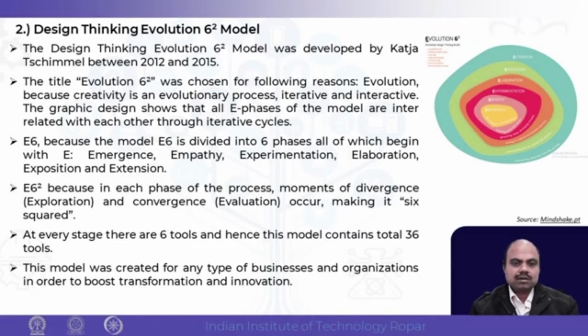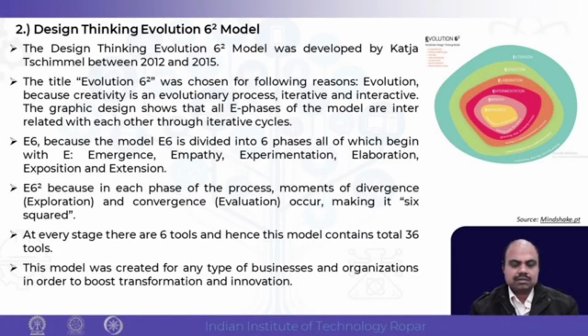The evaluation of 6 Square was chosen as a name because creativity is an evolving process, iterative and interactive, and the graphic design shown on the right side shows that it is evolving. So: emergence, empathy, experimentation, elaboration, exposition, extension. This is what the core belief of this model is all about.